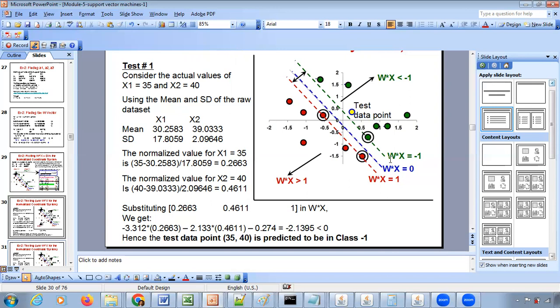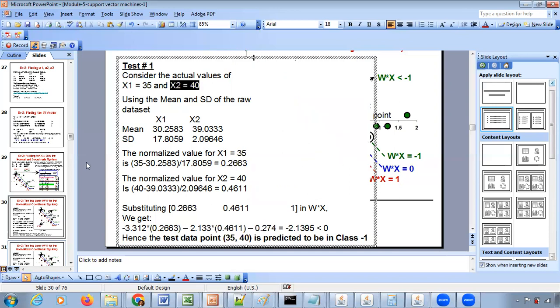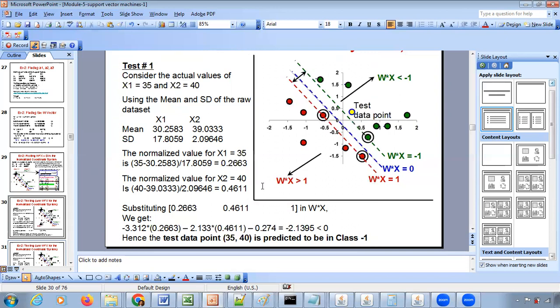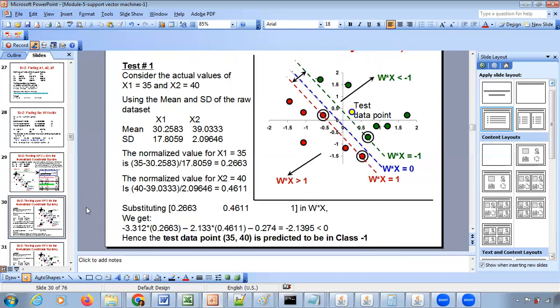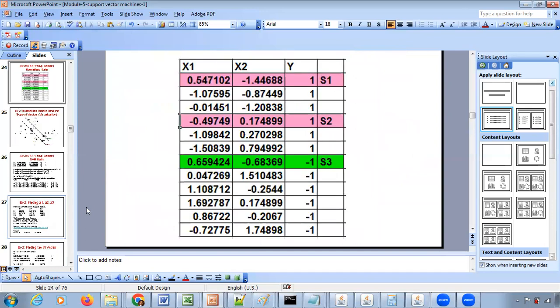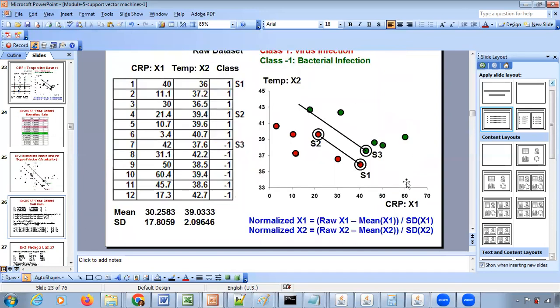And here then I keep the x2 as it is, which is the temperature, and reduce the CRP. So if it is 35, that's more like -1, which is again bacteria. If you go to the raw data set and visualize what we saw, larger CRP values are more for bacteria.